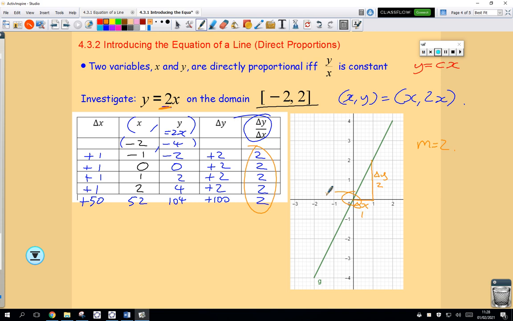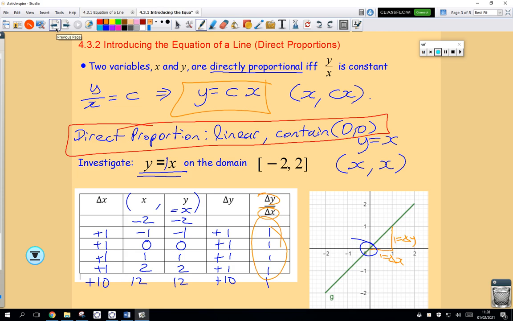Any line whose equation is y equals some constant times x is a direct proportion and is going to contain the origin. Notice the slope is always going to be the same as whatever that constant is. In this case it was 2. In the previous case it was 1.